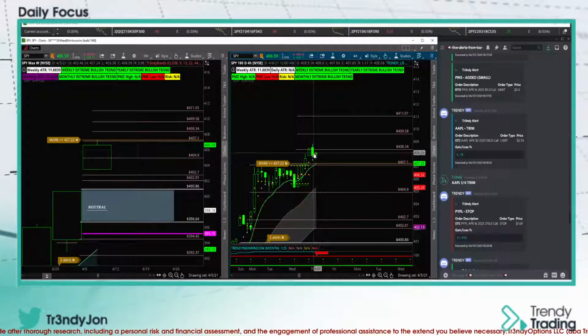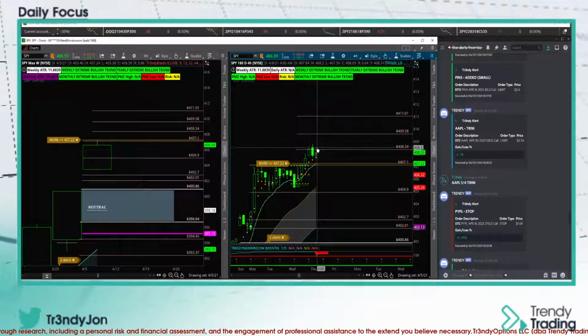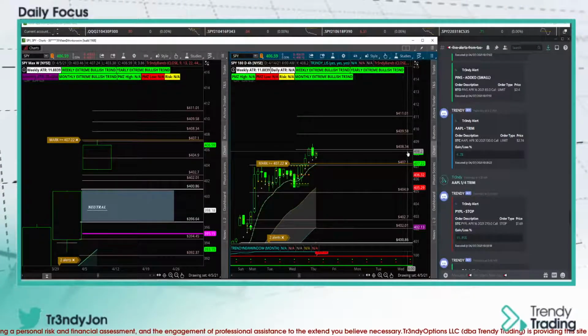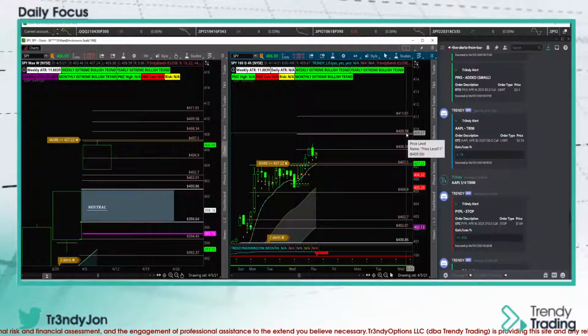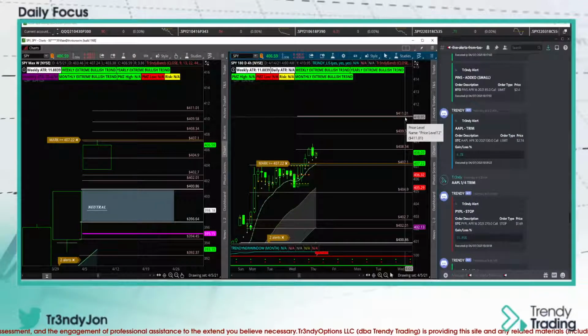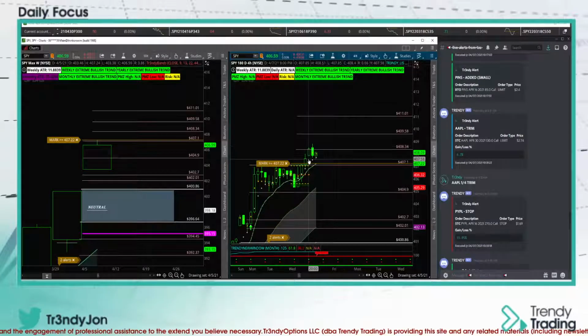On the surprise econ data, if we push and make higher highs, I'm long and stay long above 408.34 into 409.58 and 411.01. And that is SPY.